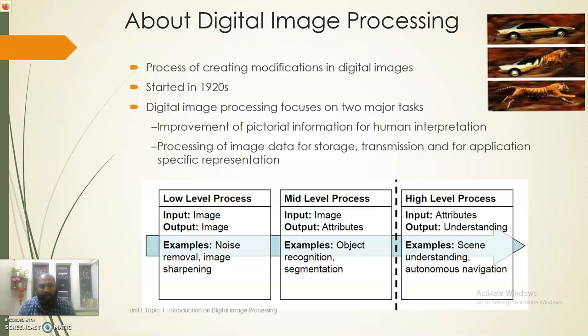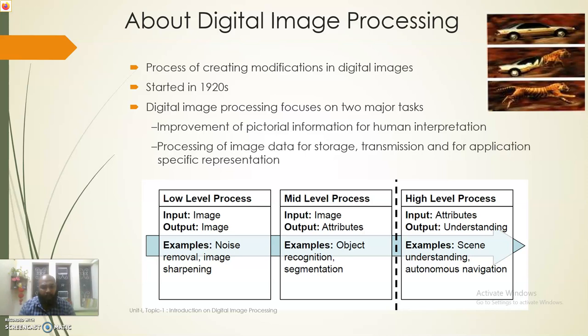This is one of the main motives for designing a digital image processing system. The next motive for having a digital image processing system is processing of image data for storage, for transmission, and for application specific representations.